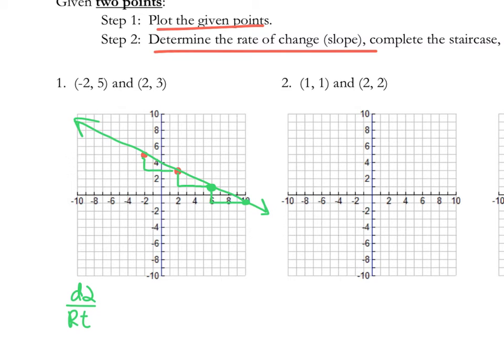And the next one, 1, 1, and 2, 2. So the slope between these ones is up 1, right 1. So I can continue that. Up 1, right 1, up 1, right 1. And just draw a line that way. Oops, I didn't make it exactly straight, but you guys get the idea.